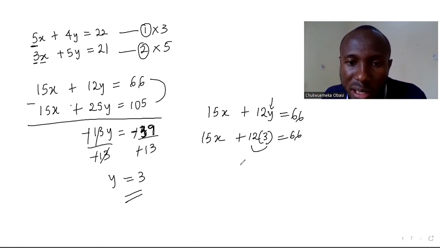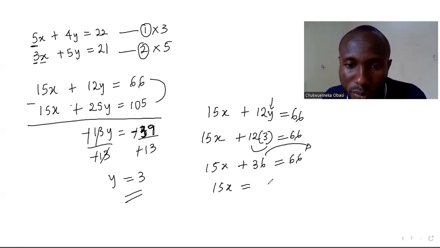What is 12 times 3? Of course, everybody knows that 12 times 3 is just 36, equal to 66. And you take 36 to this side, it becomes 15x is equal to 66 minus 36. And finally, that will give us 30, right?